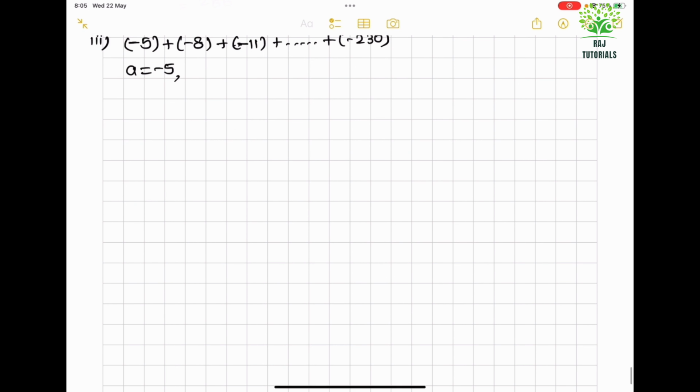Now third one is minus 5 plus minus 8 plus minus 11 dot dot dot till minus 230.